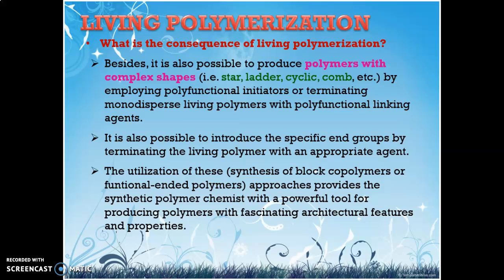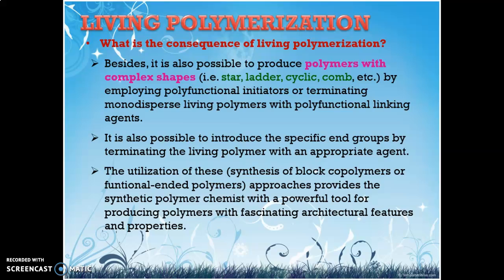Besides, it is also possible to produce polymer with complex shapes, for example star, ladder, cyclic, comb shapes, by employing polyfunctional initiators or terminating monodisperse living polymer with polyfunctional linking agent. It is also possible to introduce a specific end group by terminating the living polymer with an appropriate agent.